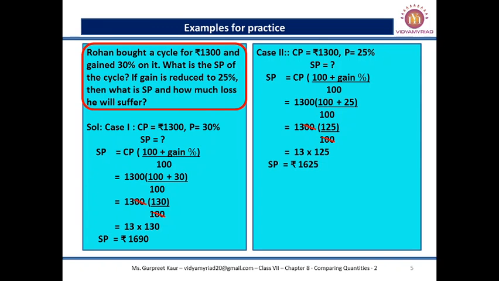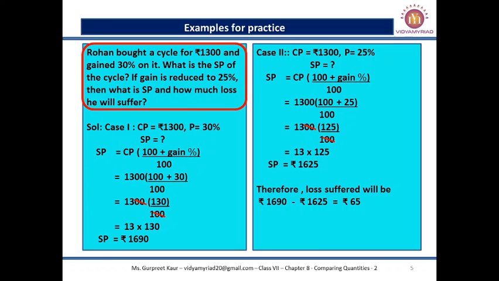That means when the cost price was 1300 and he gained 25% profit, the selling price was 1625. Now, therefore, we will write loss suffered will be 1690 minus 1625, 65 rupees.